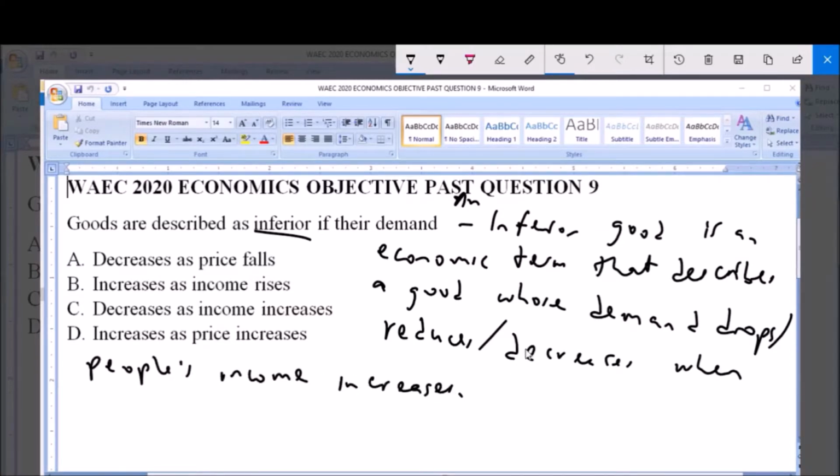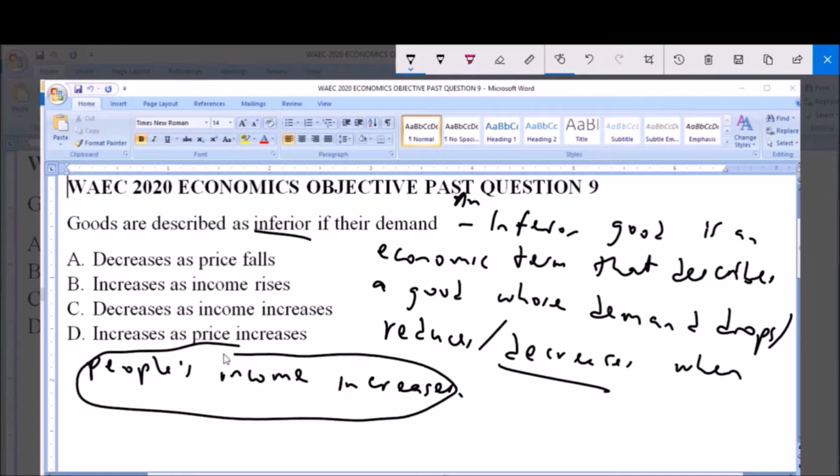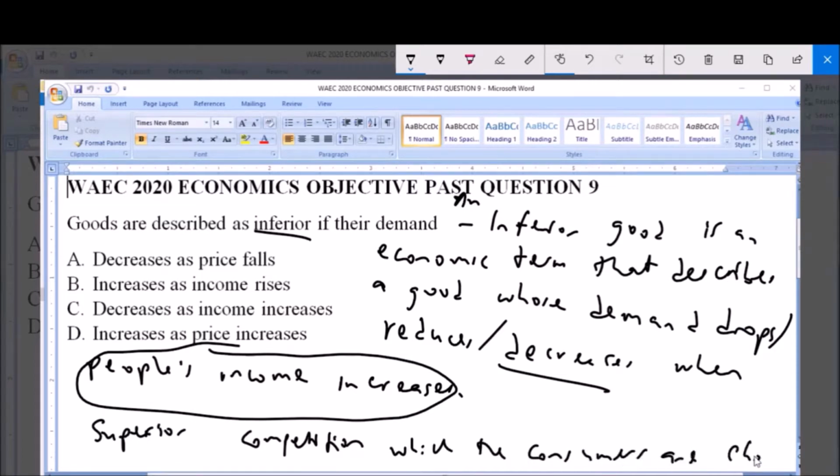Now, if the demand of a good decreases when people's income is increasing, then that good is said to be inferior. This is because it's an indication that there is superior competition which the consumers are choosing.